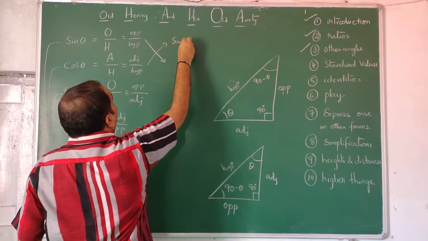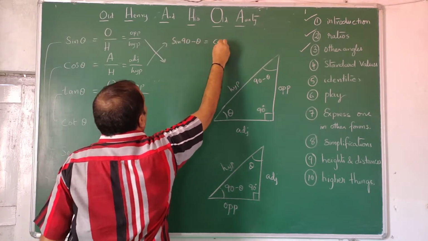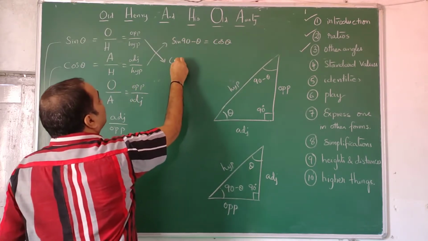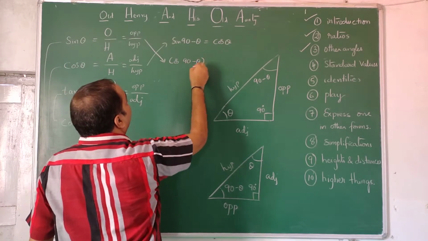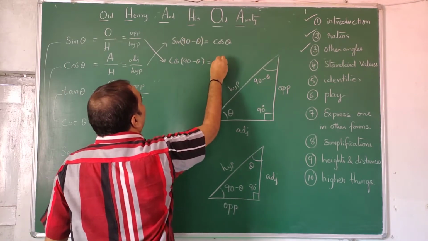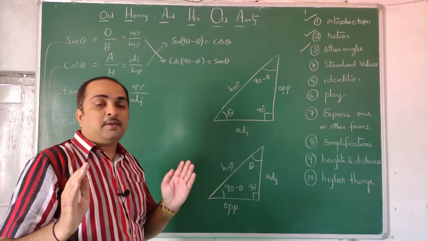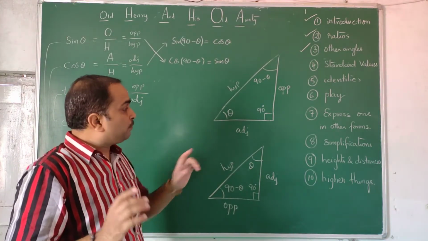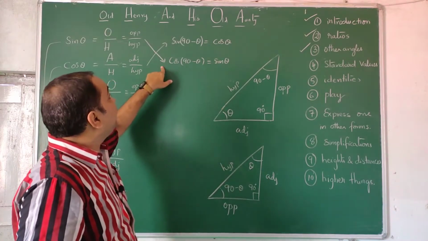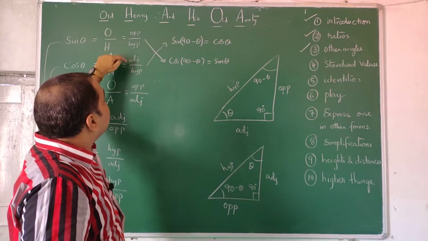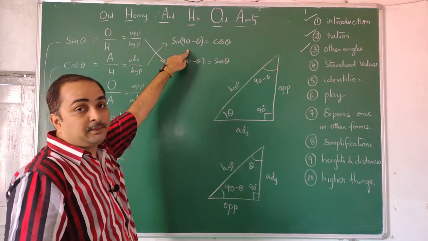Sin 90 minus theta becomes cos theta. Cos 90 minus theta becomes sin theta. Hold the video, think what I told. See these two diagrams and what I have written here. This opposite should be written here, this adjacent should be written there for 90 minus theta.